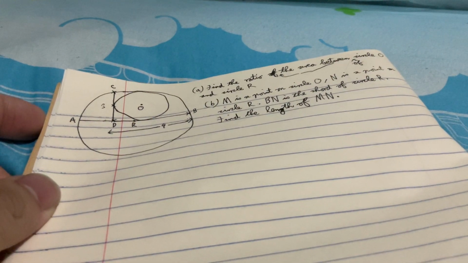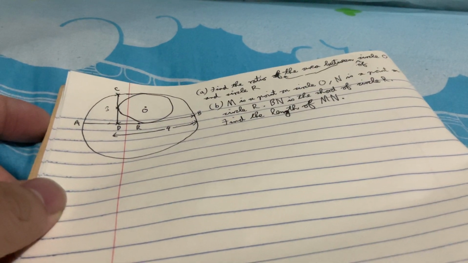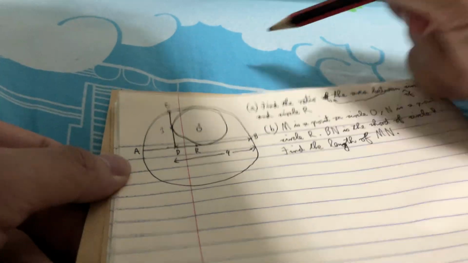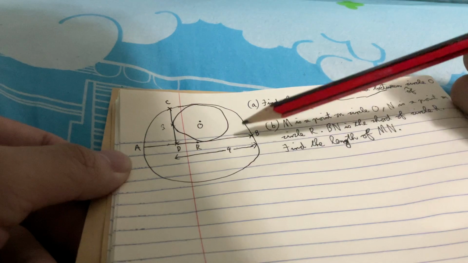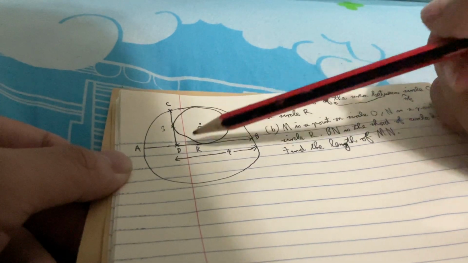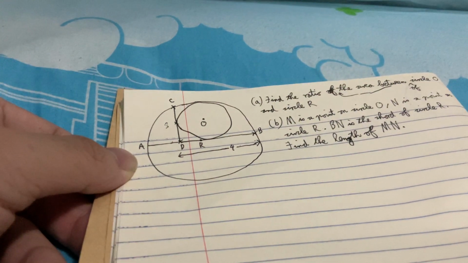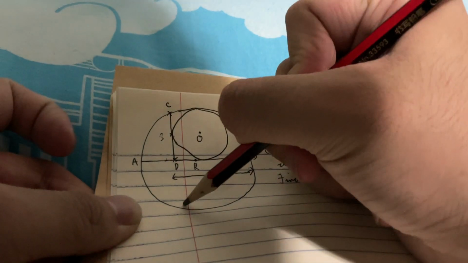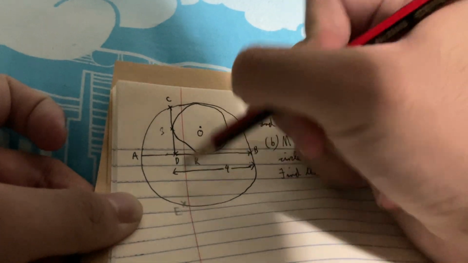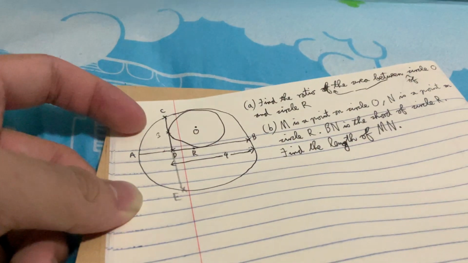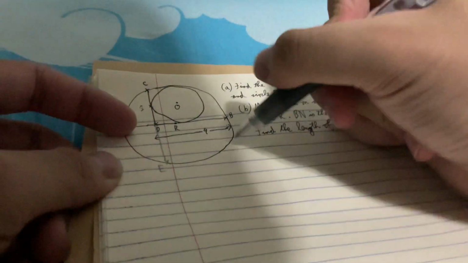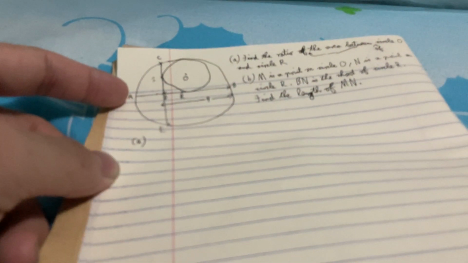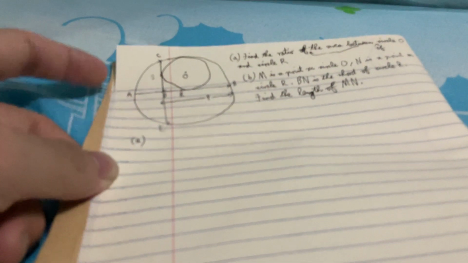First things first, I'm going to add a point here. We already have A, B, C, D, and also O, so we can add a point E here and then connect. First the A part.